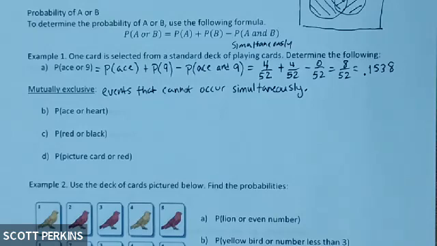So if you've ever heard those words used, what they imply is that the two things being talked about cannot happen at the same time. Okay, 2 things are mutually exclusive if they can't happen at the same time.